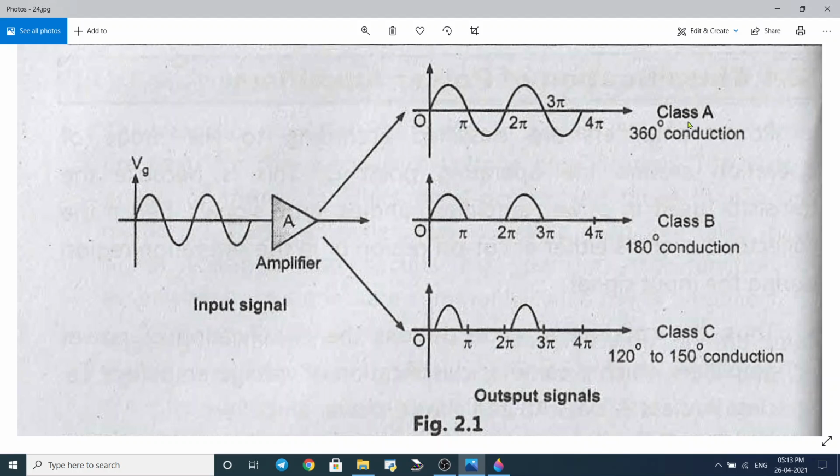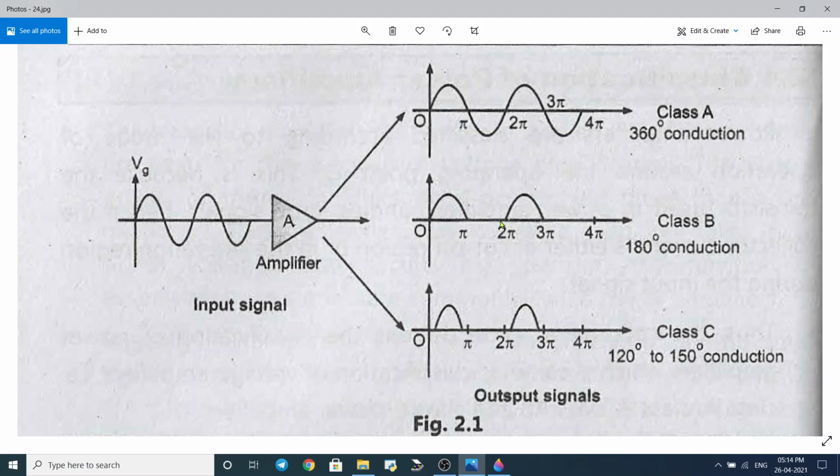In class A mode there is 360-degree conduction. That means the signal is amplified for the full cycles. Both of these signals are amplified for the full cycles. Now this is class B operation. The transistor conducts for 180 degrees only, that is over the half cycle only. So the signal is amplified for the half cycle.